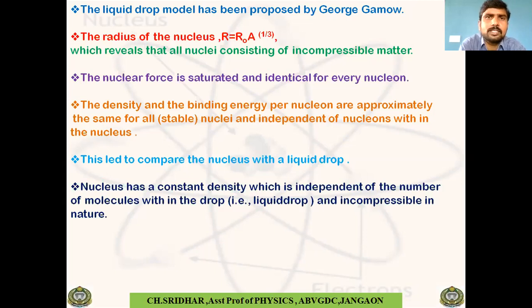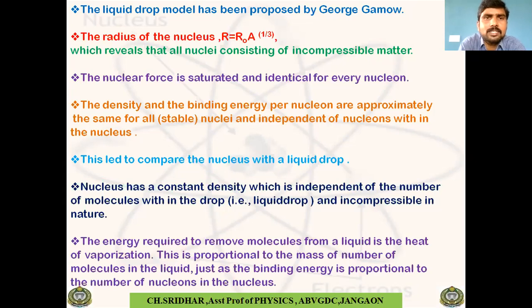So when you consider the liquid drop with the nucleus, it consists of incompressible matter where the density is constant, independent of the number of nucleons present in the nucleus. Similarly, the density of the liquid drop is also constant, independent of the number of molecules within the drop, and that liquid drop is also incompressible in nature. So this is one similarity.